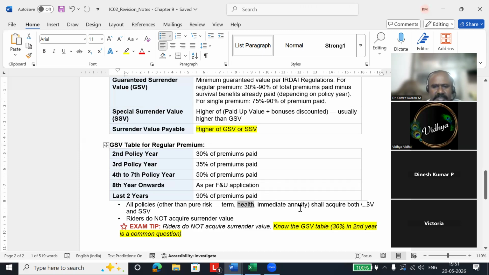Immediate annuity is where I pay an amount today and from next year I ask them for pension. So it is a very limited period, first year, second year pension. This is immediate annuity, so it also does not have surrender. Surrender is applicable for policies which go for a longer period.